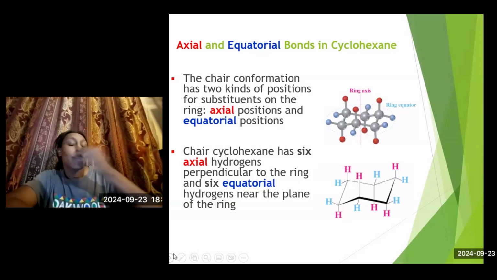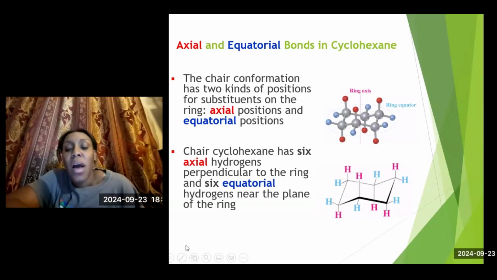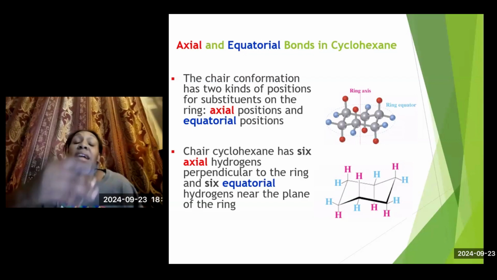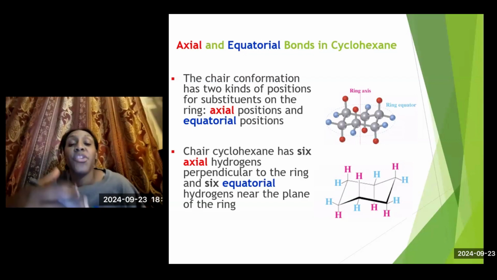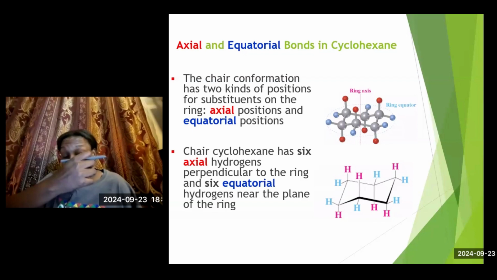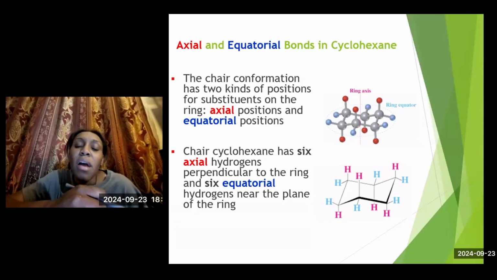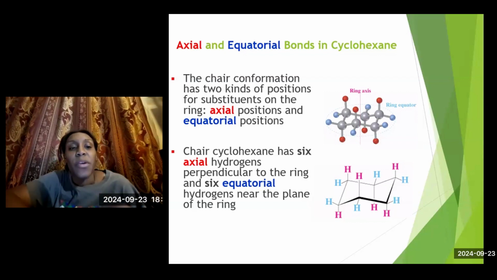All right, so last section we talked about how cyclohexanes are the most stable ring because it doesn't have any angle strain, as it has the ideal 109 degree bond angles, and also the torsional strain is not present because of the chair conformation, which allows all of the hydrogens to be staggered from each other.